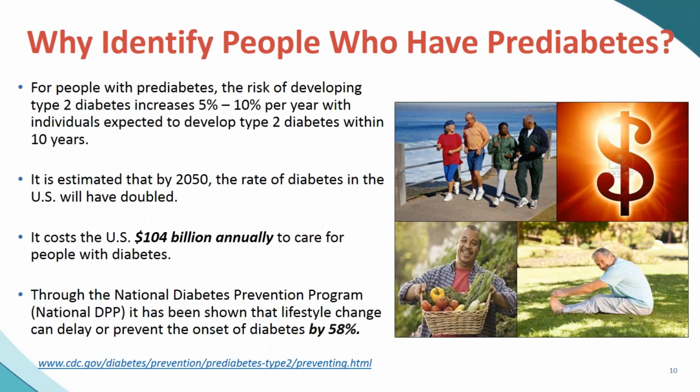And looking at the development over the next 30 years, this is CMS's and CDC's prediction, the rate of diabetes in this country will double if there is nothing else done.